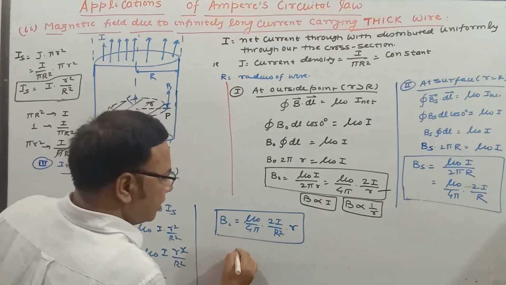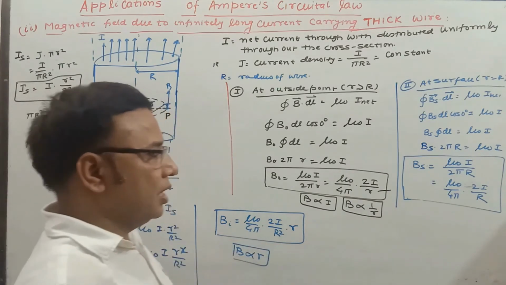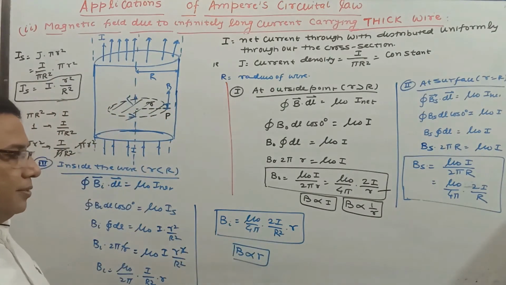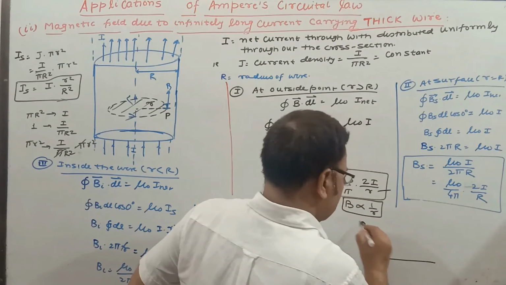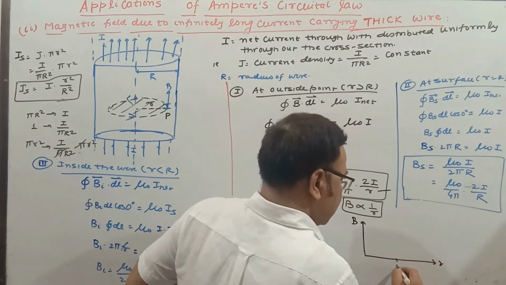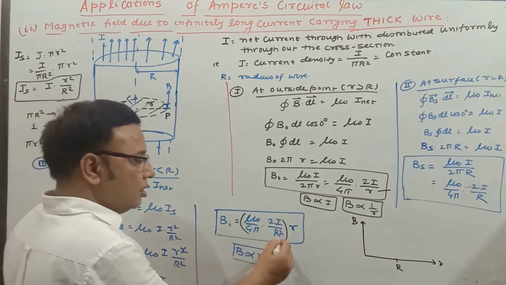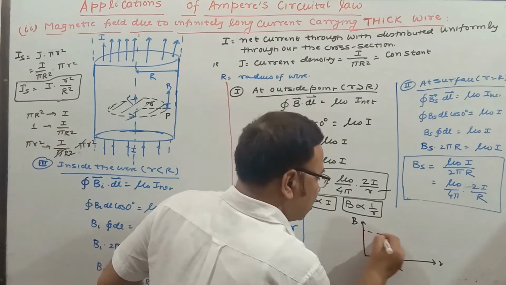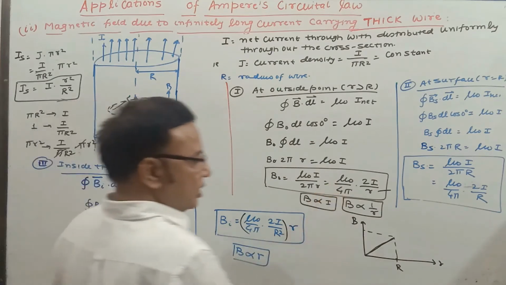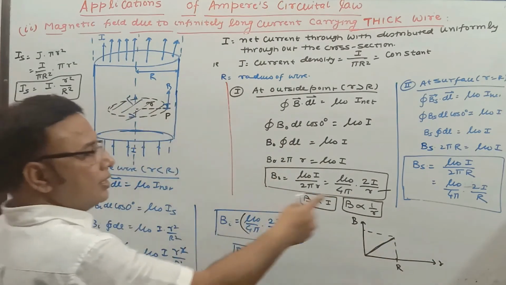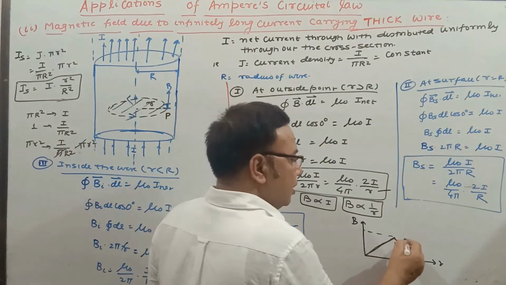What we get here is B proportional to r inside, and outside we get B proportional to 1 by r. That is what we have to take care of while drawing the graph. If you draw the graph B versus r, up to the radius R, B is proportional to r, increasing continuously, and outside the wire B is proportional to 1 by r.